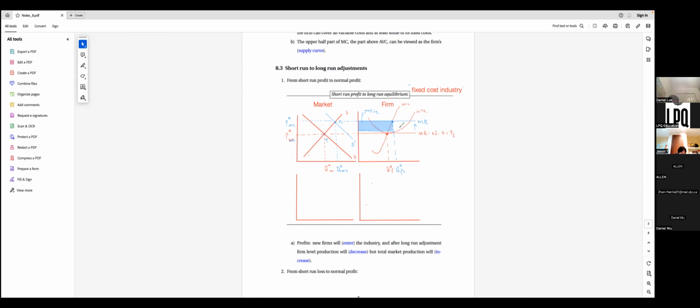If you can make a lot of profit, represented by the blue shaded area, by producing just simple products, how will other firms respond? Next step, new firms will enter into the market.